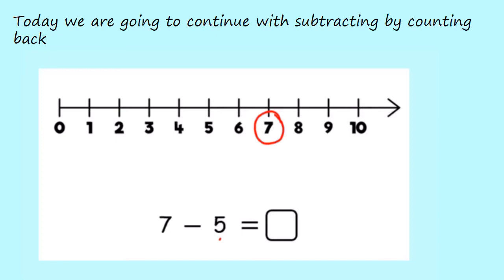Yes, I'm subtracting 5, so I'm going to do 5 jumps backwards. 1, 2, 3, 4, 5. Where did I land? I landed on the number 2. So the answer is 2. 7 subtract 5 equals 2.